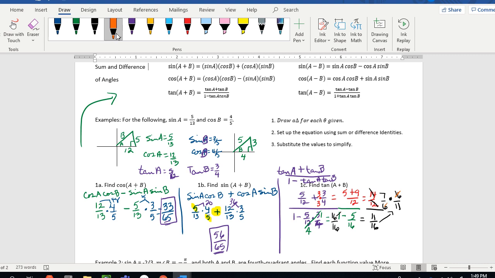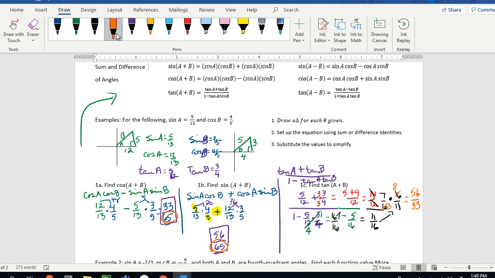And if you don't look for this, your numbers are going to get big. That becomes 8. This becomes 3 because I divided by 2. Final answer, 56/33.